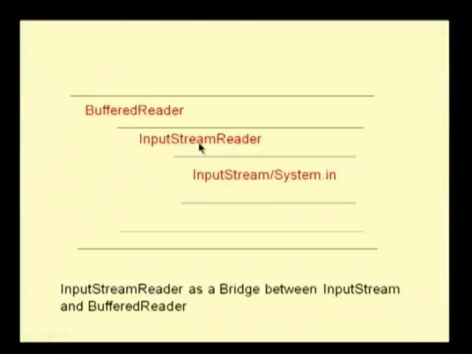So your input stream will be the input to your InputStreamReader, and your InputStreamReader will be given as a parameter to your BufferedReader. Now your InputStreamReader acts as a bridge between the input stream and the BufferedReader. The input stream is of type byte, and the BufferedReader accepts a stream in the form of characters.